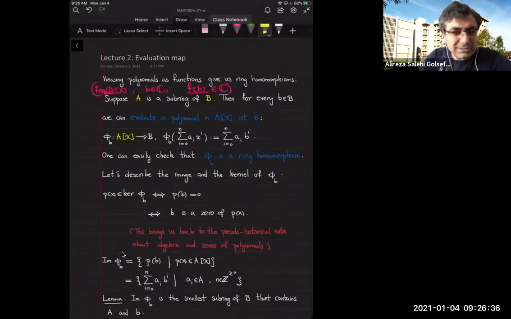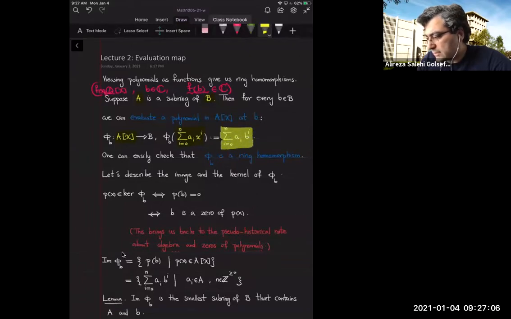I denote this evaluation by the Greek letter phi sub b, in order to emphasize that I'm evaluating it at the element b. Evaluation means I give you a polynomial, and you substitute b for x, and you end up getting this.